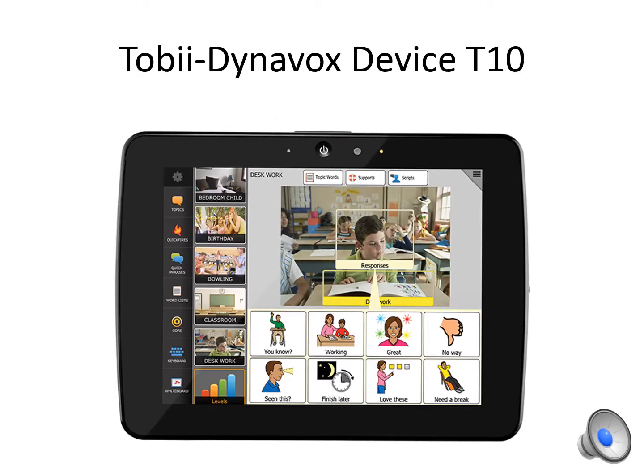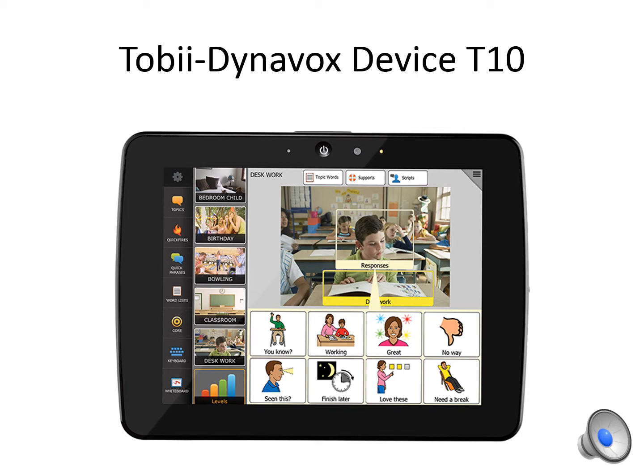Another kind of device, a high-tech computer speech generating device that you'll see, is a full-fledged computer. They're small and relatively lightweight, but they are nonetheless a full computer with all capabilities.